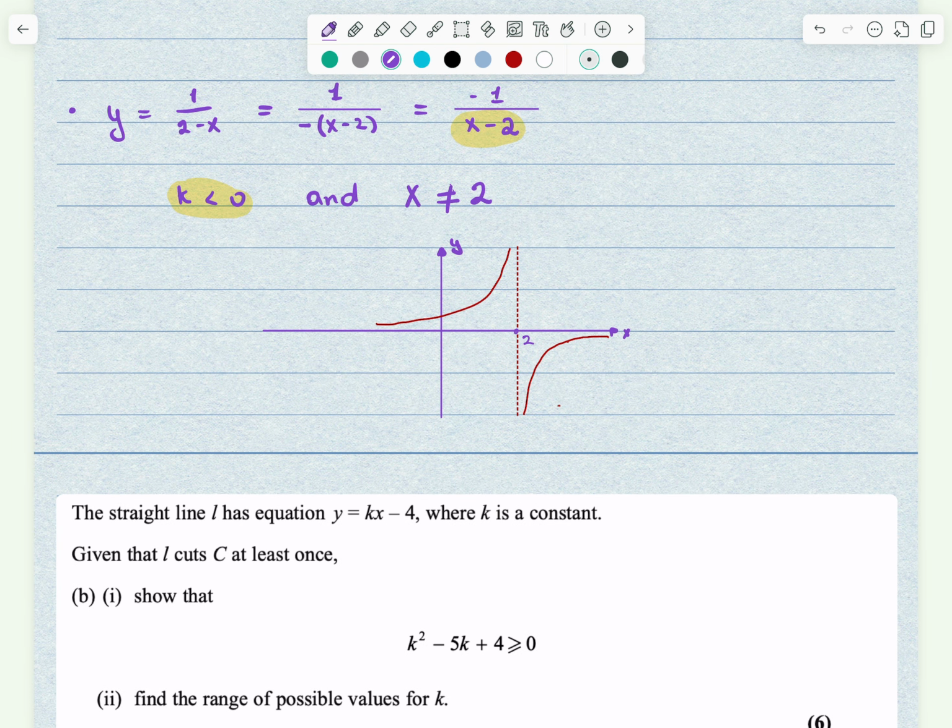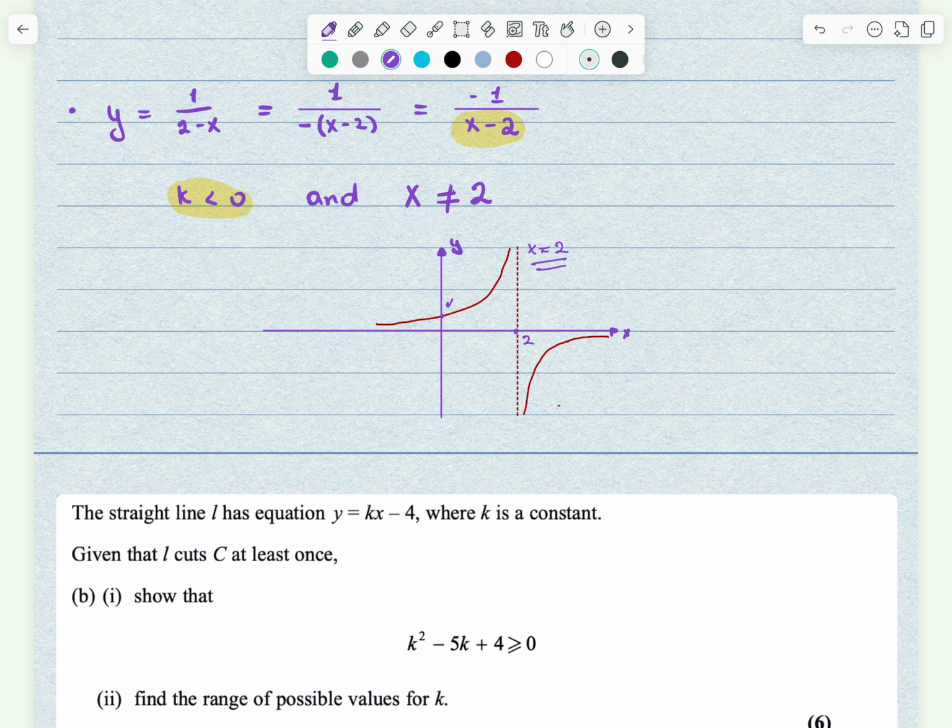So the equation of the vertical asymptote is just going to be x equals 2. This is the dashed line passing through 2, and the coordinate of the intersection with the y-axis, I'm going to be finding this also, this point, whatever this is.